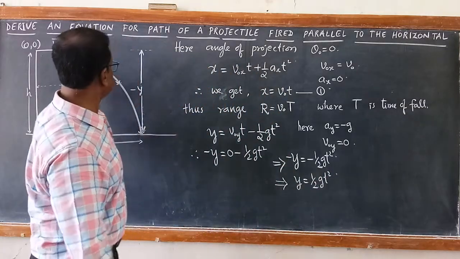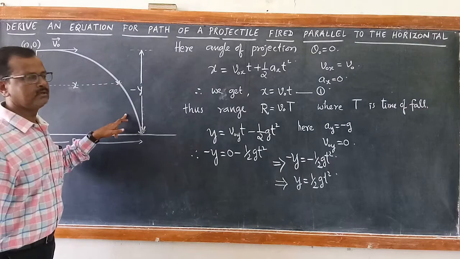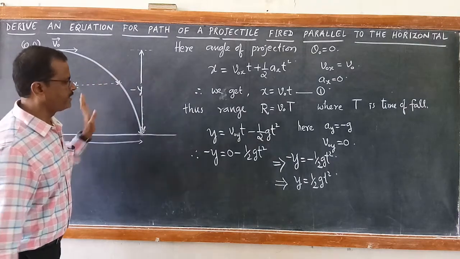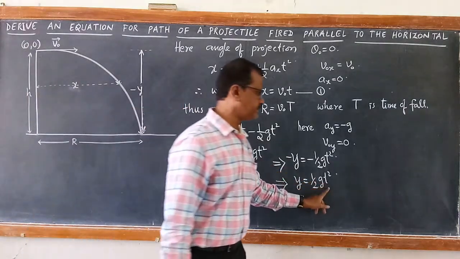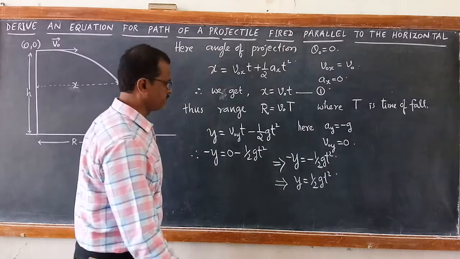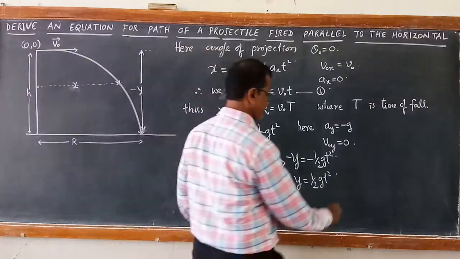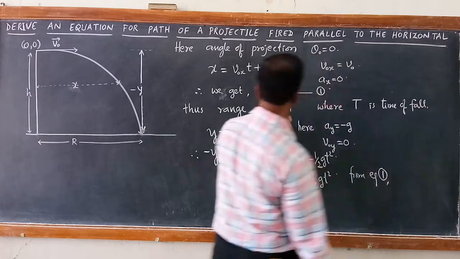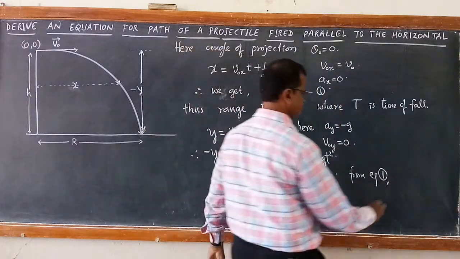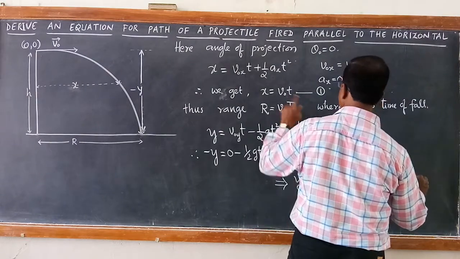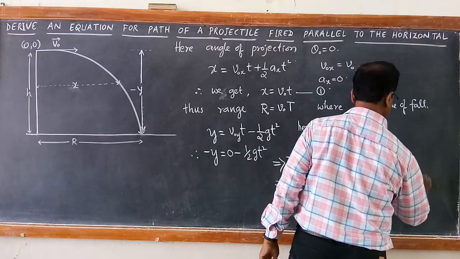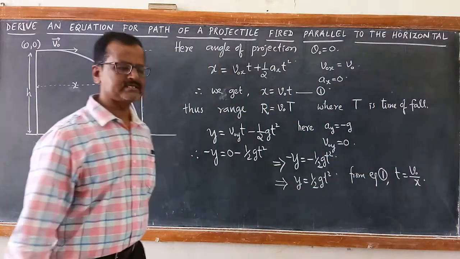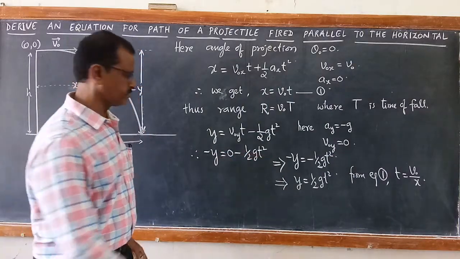Now, the equation for this path. What is the equation for the path? Just substitute the value of t. If you substitute the value of t from equation 1, what is the value of t? T is equal to x by v naught. Substitute it in this equation.